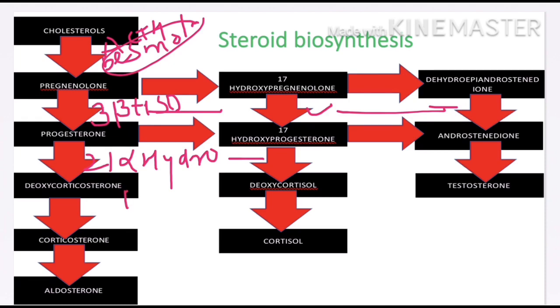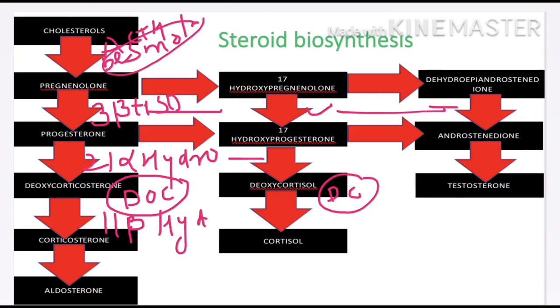Here you can remember DOC and DC: DC is deoxycortisol and DOC is deoxycorticosterone. Now deoxycorticosterone is converted into corticosterone in the presence of 11 beta hydroxylase enzyme. Similarly, deoxycortisol is converted into cortisol in the presence of 11 beta hydroxylase enzyme. And finally corticosterone is converted into aldosterone.